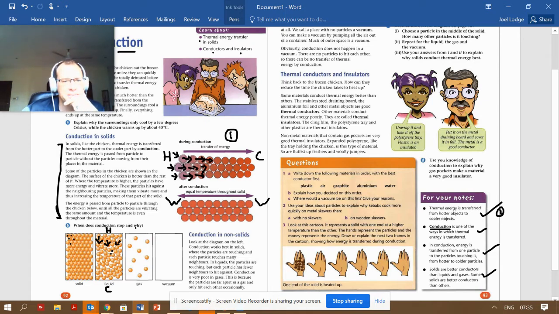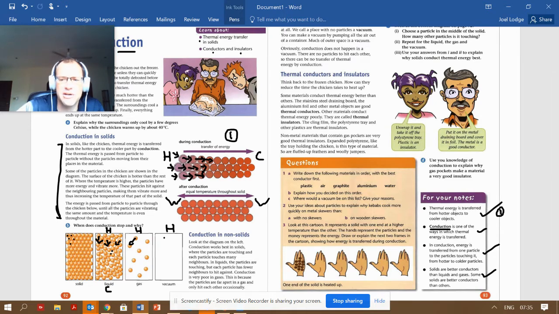Similarly, in gases, if I was going to heat this end, it'd be really hard for this particle to bump into this one and pass on its kinetic energy because the particles are so far away from each other. In a vacuum, it's impossible for conduction to happen because there are no particles. So conduction does not happen in space.